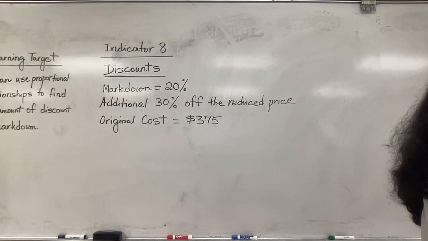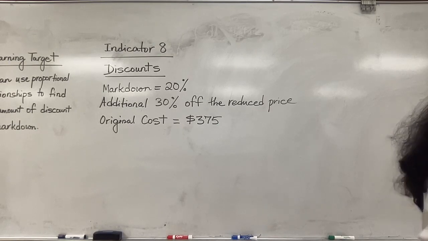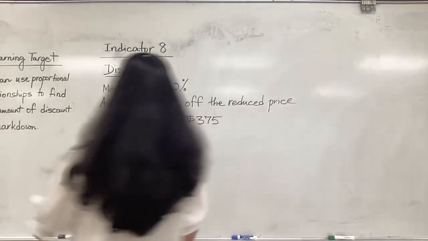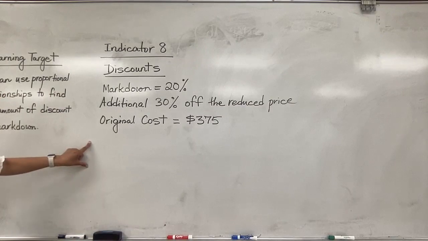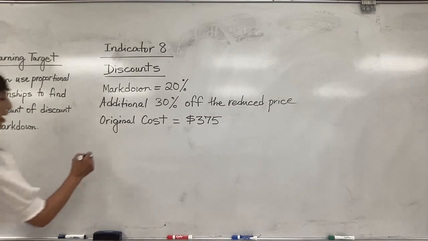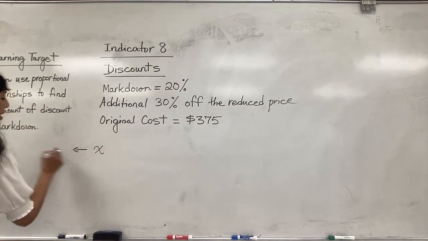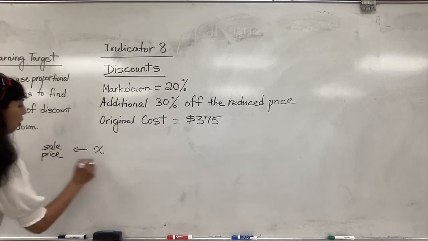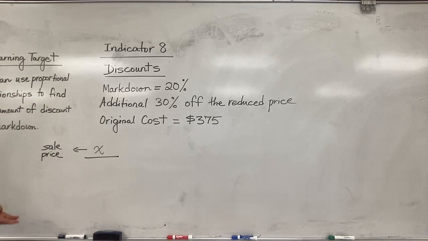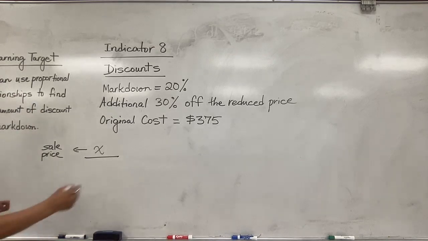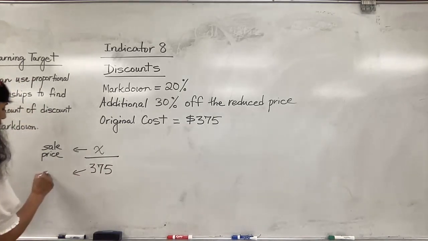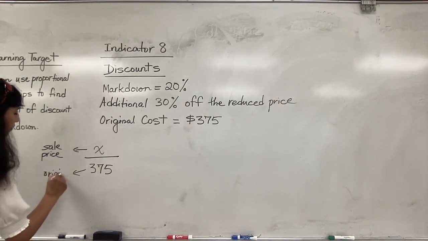I am just going to write it as a proportion so that you can use your ratio reasoning. So let's say I write my proportion where x is my sale price over, I'm always writing it over the original price, so 375.